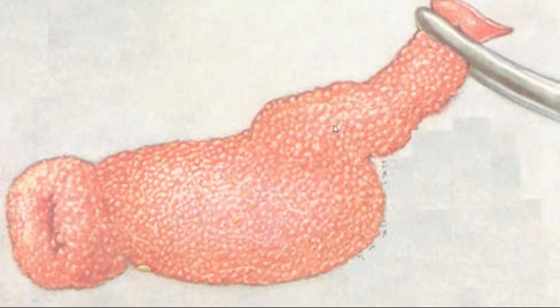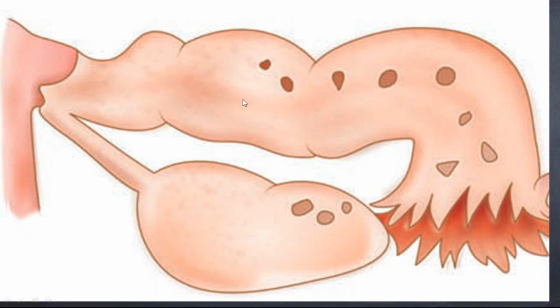In the ectosalpinx, there are so many miliary tubercles. And because the endosalpinx is also involved, you will see this is the tobacco pouch of the tube. So again, the same thing: lots of distension, tobacco pouch appearance. And these are all the miliary tubercles which you are seeing on the ovary and the serosal surface of the tube.